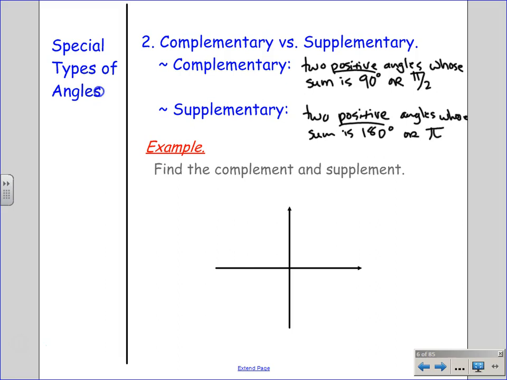Whole. Right? The whole half circle. So if it helps, I could do a little baby notation. 2 angles are supplementary if and only if alpha plus beta is equal to, wait, we're trying to get used to radians, not degrees, pi. And then two angles are complementary if alpha plus beta is equal to pi over 2.